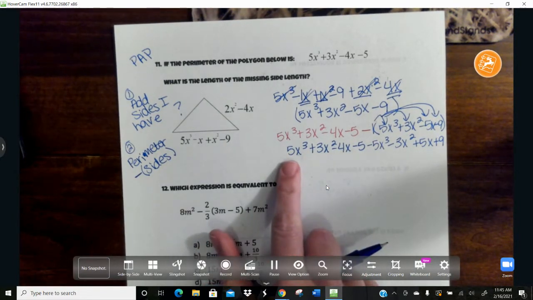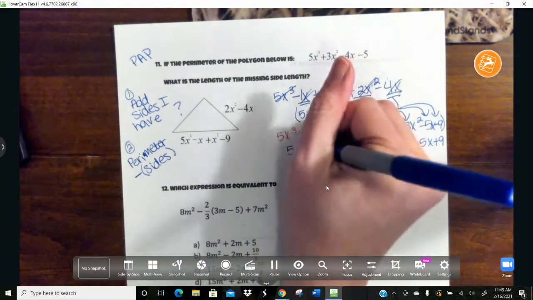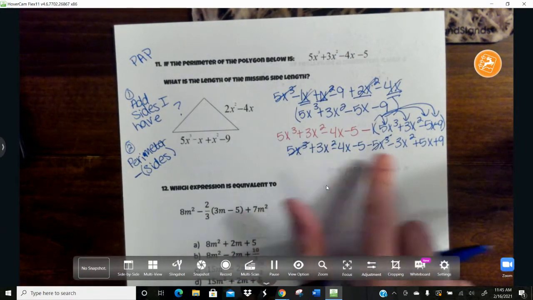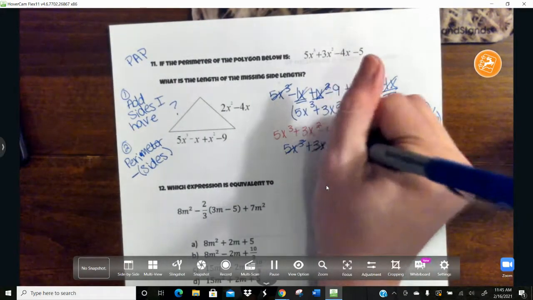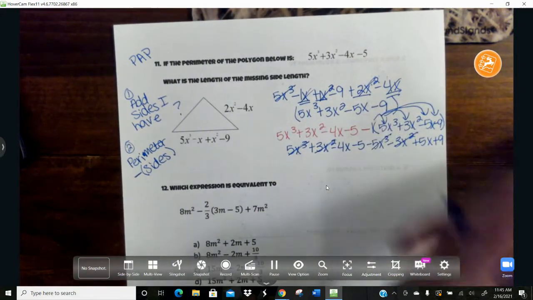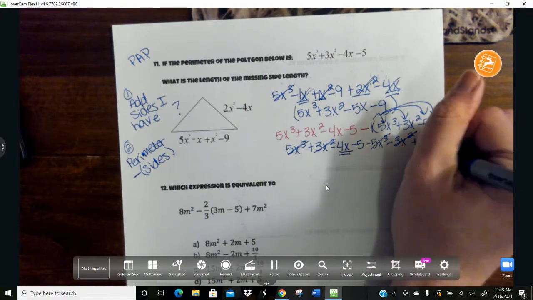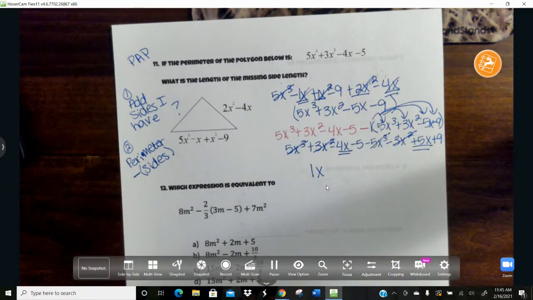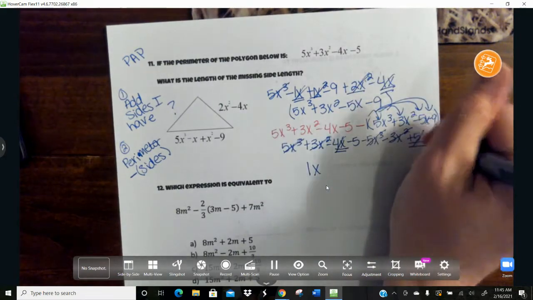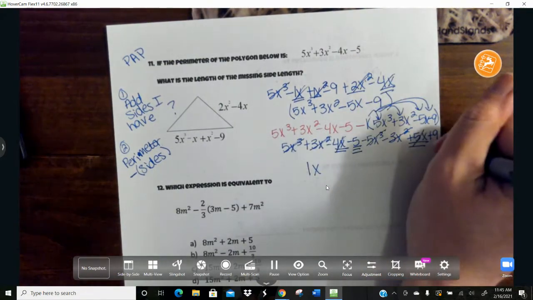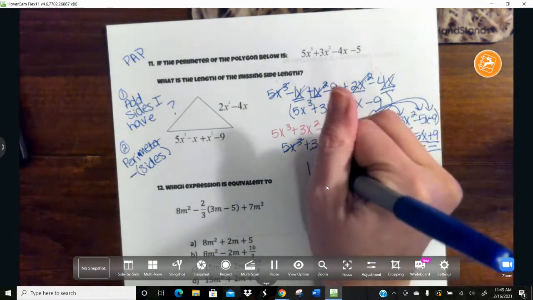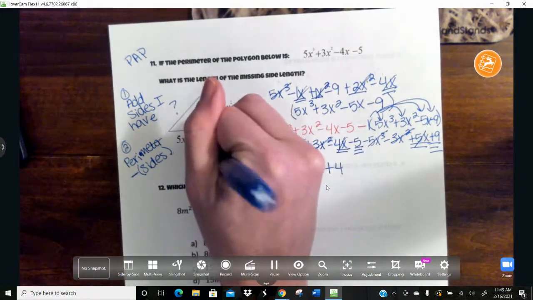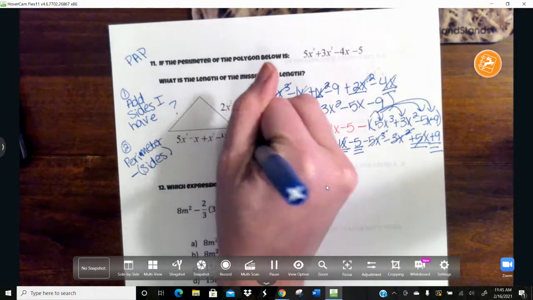I have a positive 5x cubed and a minus 5x cubed, so those are opposites and they cancel. I have a 3x squared and a minus 3x squared, same thing. I have a negative 4x and a positive 5x, that will give me a positive 1x. Then I have a negative 5 and a positive 9, which will give me a plus 4. So my missing side is x plus 4.